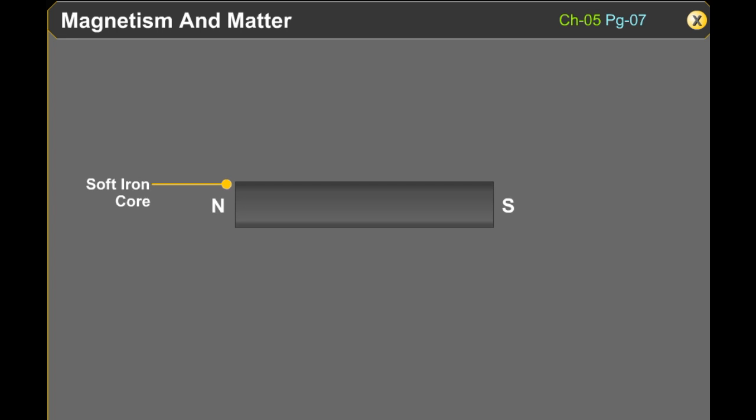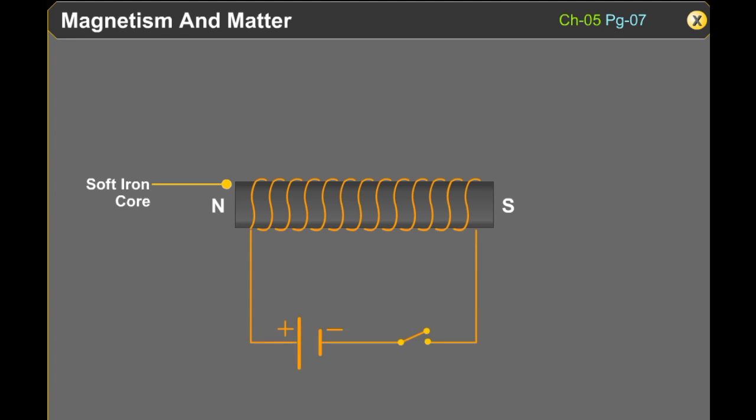On placing a soft iron core in a solenoid and passing a current, the magnetism of the solenoid increases by 1000-fold. Then switch off the solenoid current. The magnetism is switched off, because the soft iron has low retentivity. Thus, the soft iron core in the solenoid acts as an electromagnet.